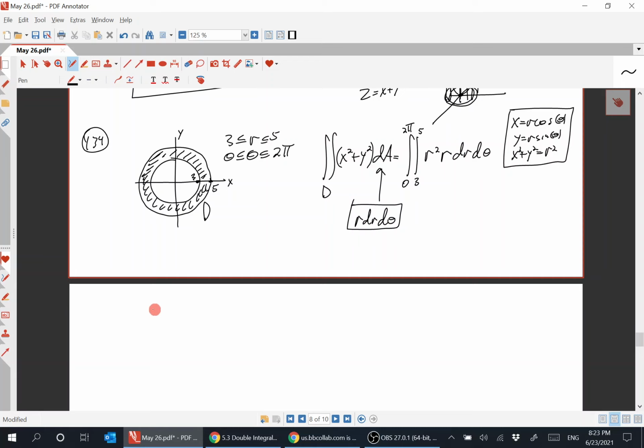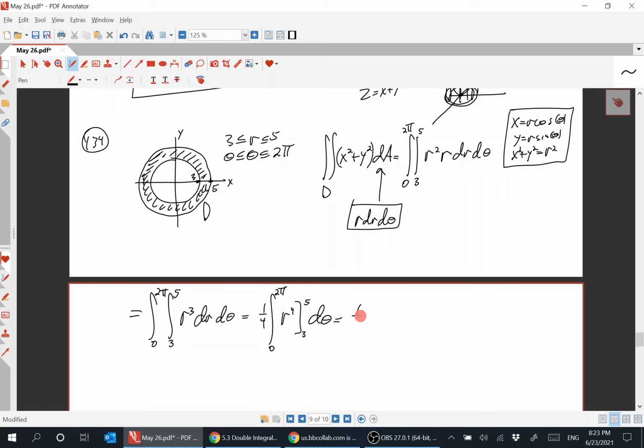So this is the iterated integral from 0 to 2 pi, from 3 to 5, of r to the third dr d theta. So this is 1/4, 0 to 2 pi, r to the fourth from 3 to 5 d theta.